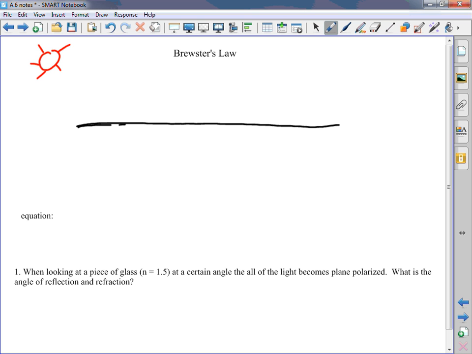Light comes from the sun, hits at some angle theta and reflects back up into your eyes. That's just standard reflection off the ocean.